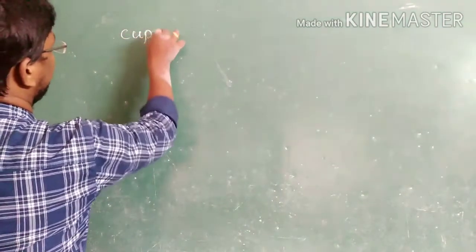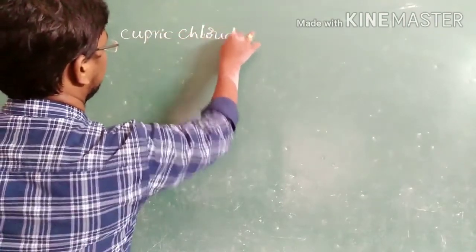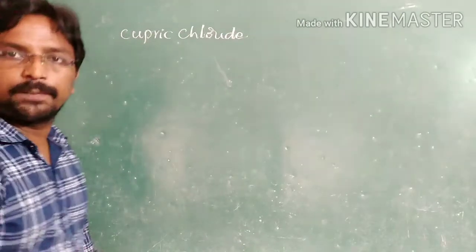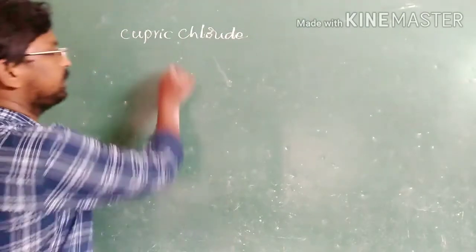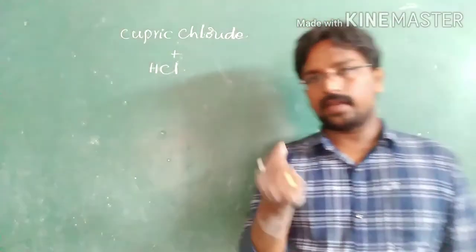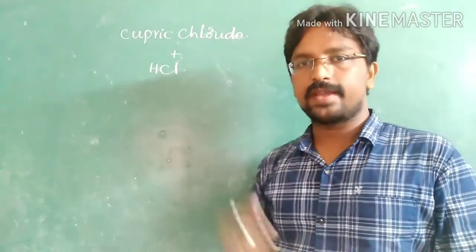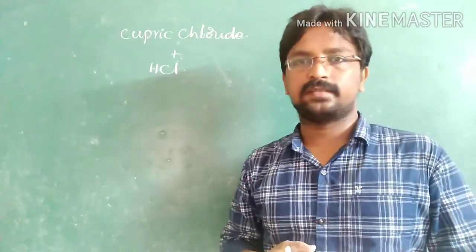We have a small example here. Take a pinch of cupric chloride in your watch glass and add 2 drops of hydrochloric acid and make it into a paste.